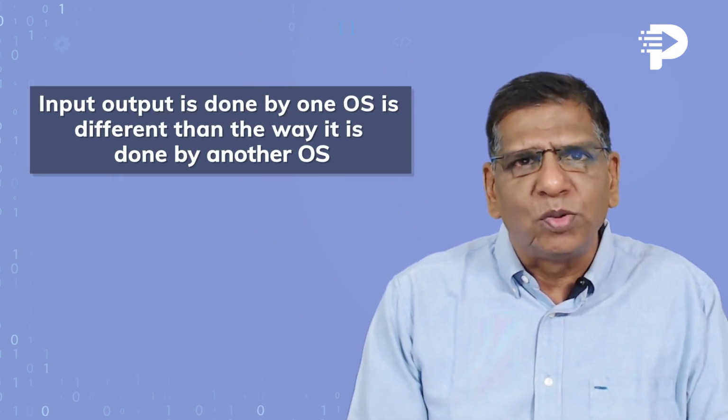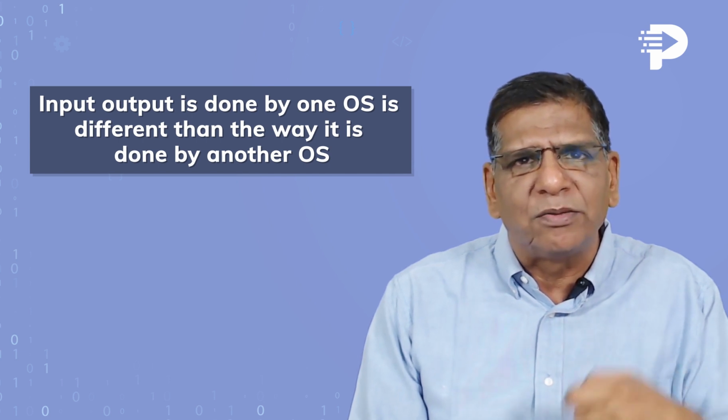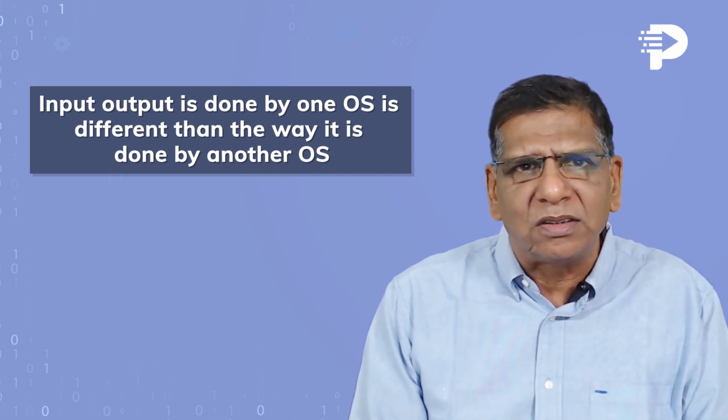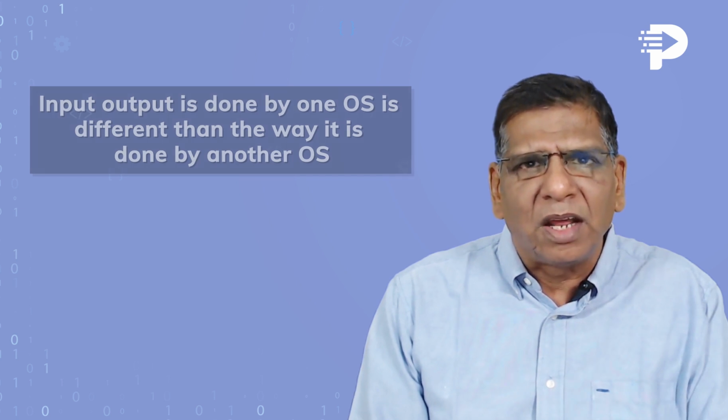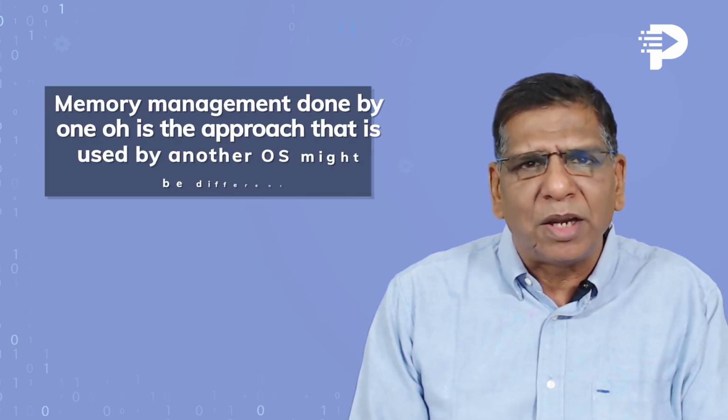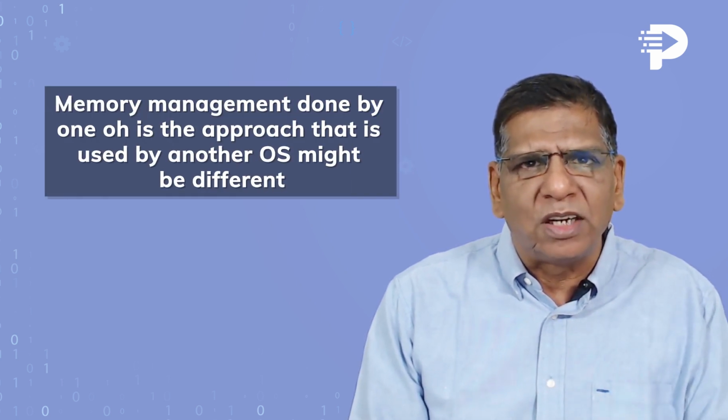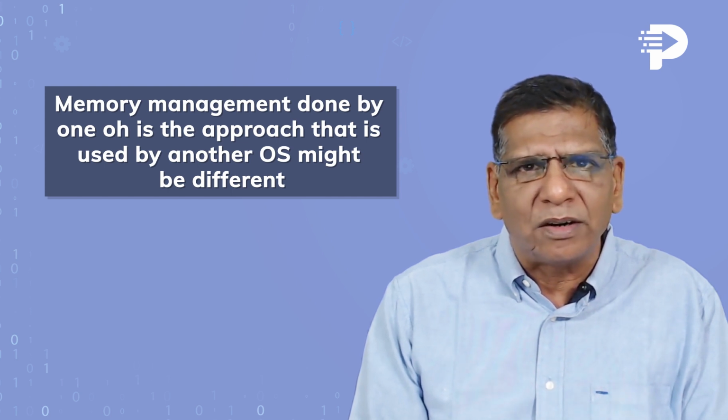Secondly, in operating systems, the way input-output is done by one OS is different than the way it is done by another OS. Similarly, the memory management done by one OS, the approach that is used by another OS might be different. So across microprocessors, there would be differences in instruction set. Across operating systems, there would be differences in input-output method and the memory management method.